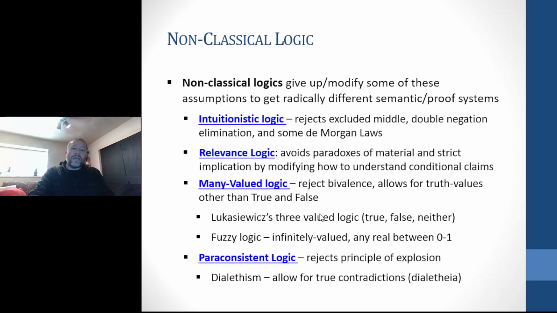For example, Łukasiewicz's three-valued logic is very helpful if we're thinking about beliefs, because it's obviously not the case that people definitely believe P or definitely believe not P. Sometimes they just don't have a belief about P. So it might be helpful if we want to have the neither case. There are going to be different circumstances where slightly modified versions of our formal tools will be more helpful.